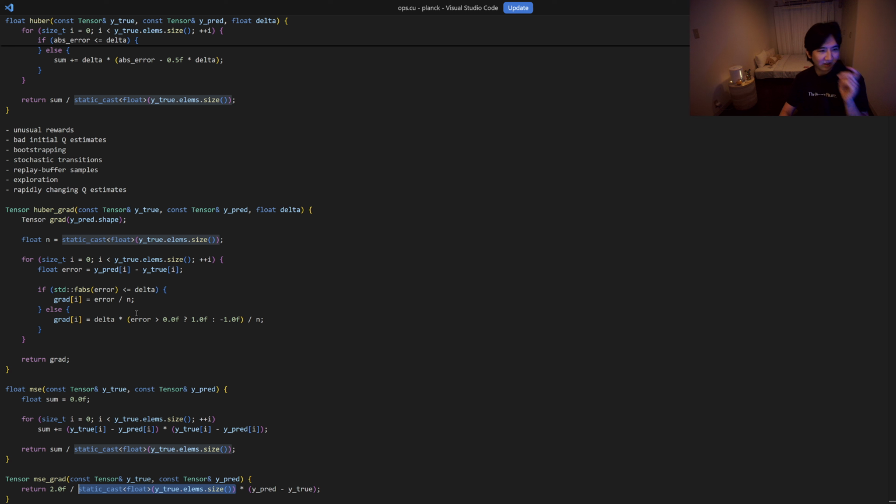So if the error is less than or equal to 1, the Huber grad and MSE grad are kind of identical. But if the error is greater than 1, it gets clipped to 1 with Huber, while with the mean squared grad, you multiply by 2.